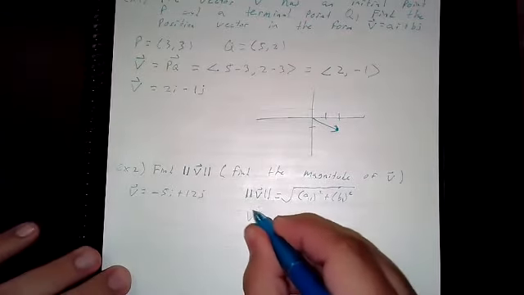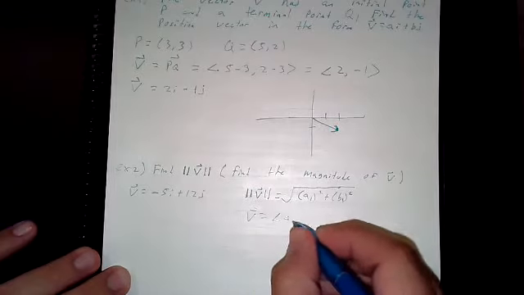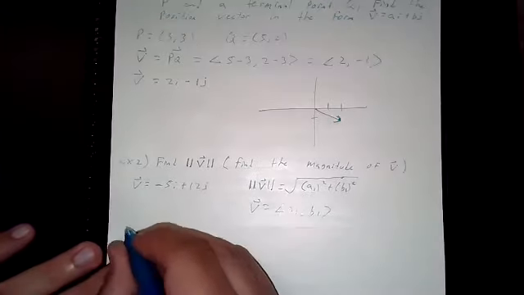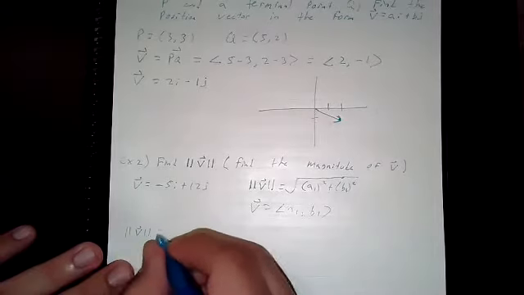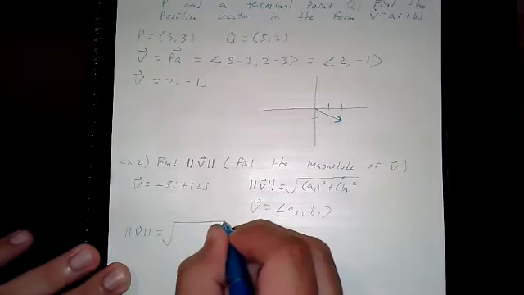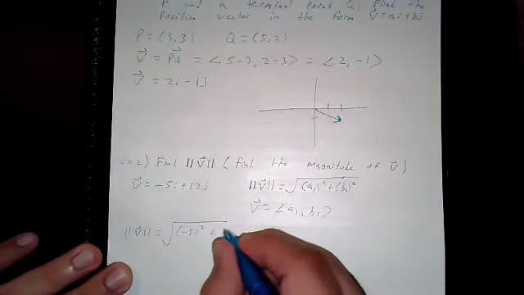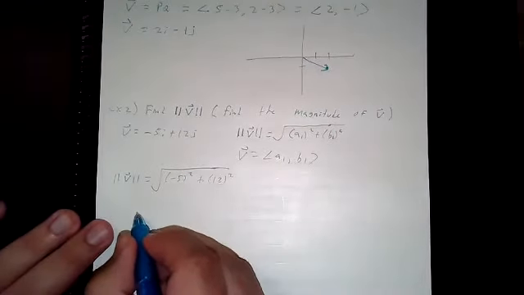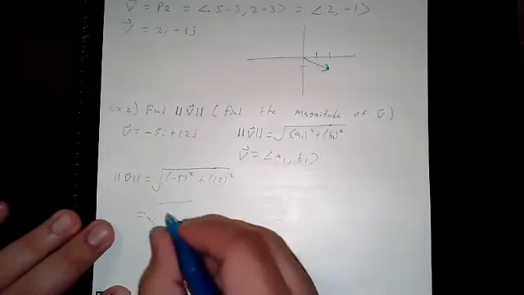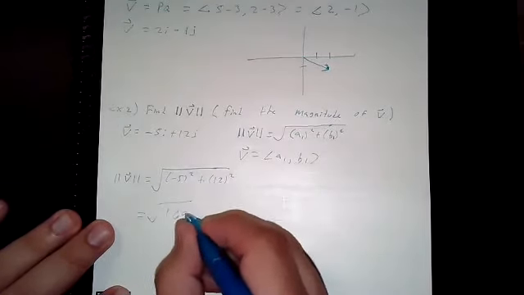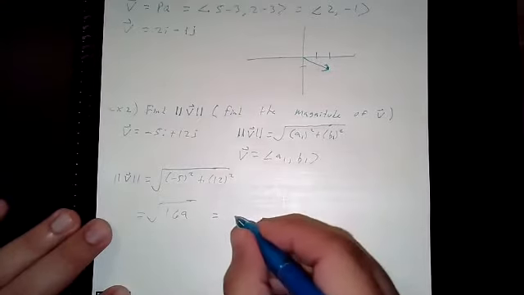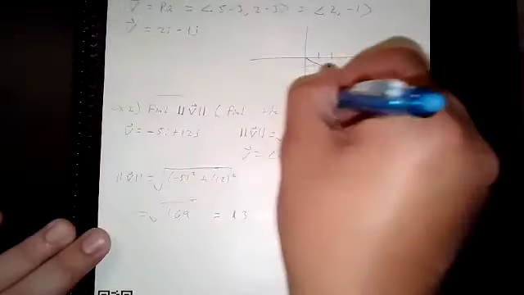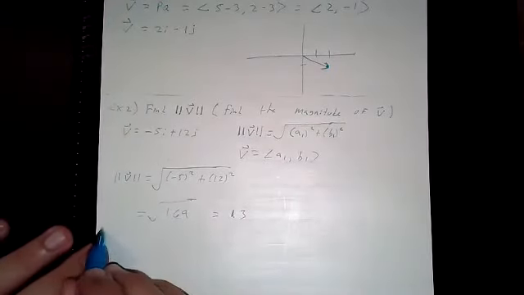So for our case, the magnitude of v will equal the square root of negative 5 squared plus 12 squared, which is the square root of 169, which equals 13. So that's all you have to do for magnitude.